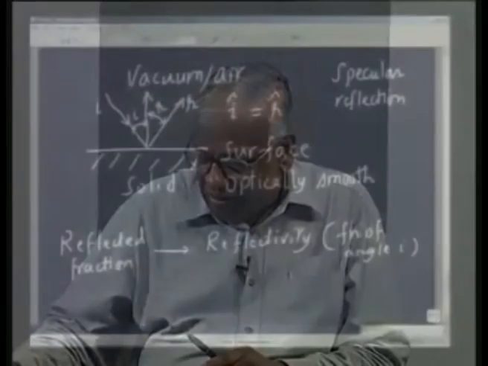Suppose I look at so-called engineering surfaces. Normally, what happens in the case of engineering surfaces is that they are rough. There is no smoothness, there is no optical smoothness. Actually, how do we characterize the roughness or the smoothness?